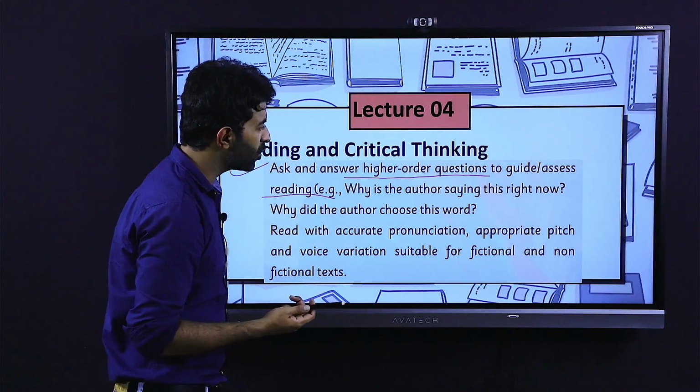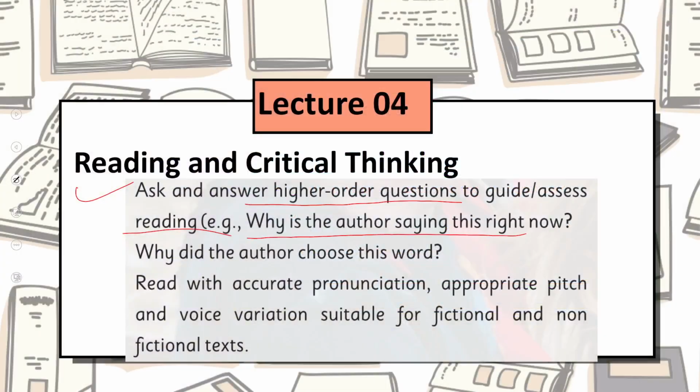We will be using questions like, why is the author saying this right now? Why did the author choose this word particularly? Read with accurate pronunciation, appropriate pitch, and voice variation suitable for fictional and non-fictional text.